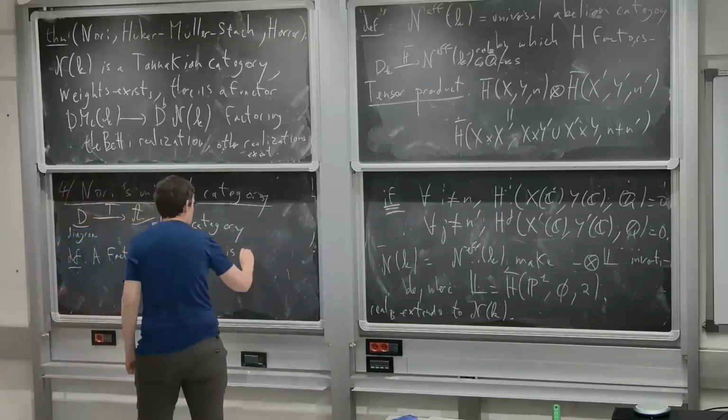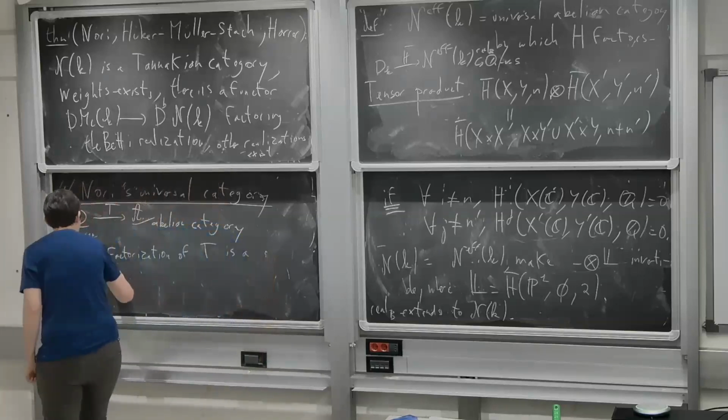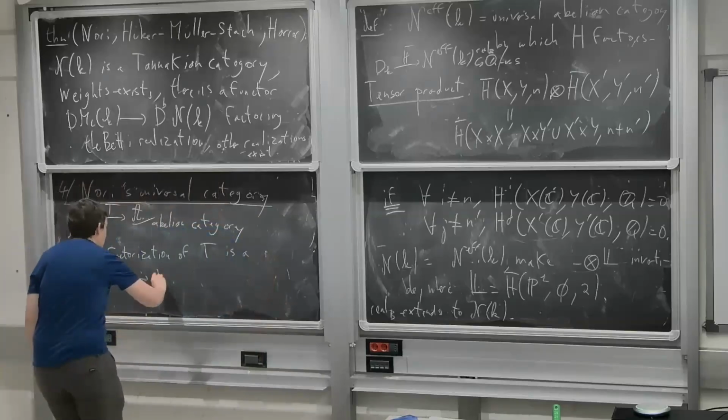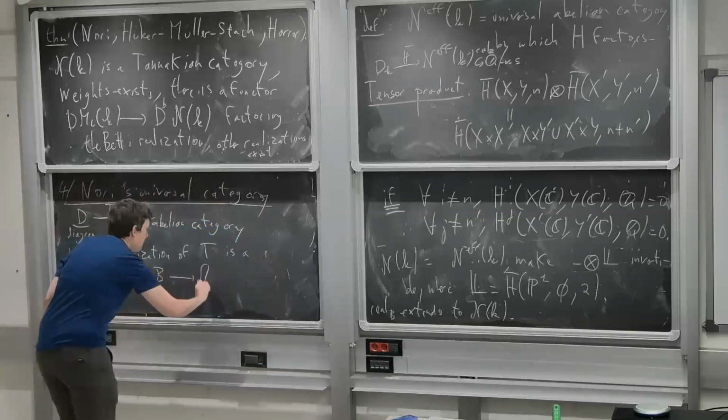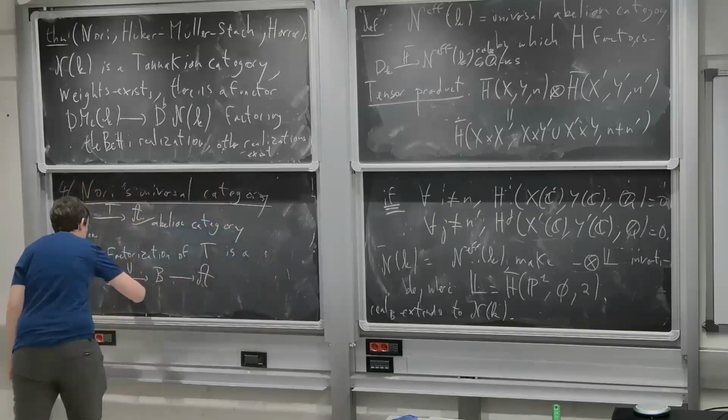The problem with the word diagram is that it means several things. I wanted to write diagram, but a factorization of T is this data. So here it should be a representation.